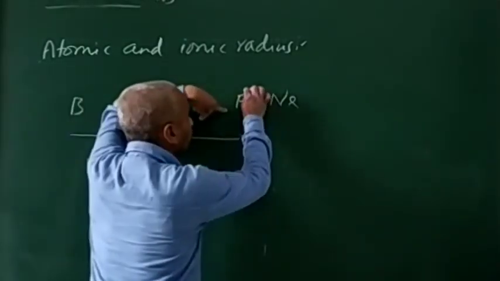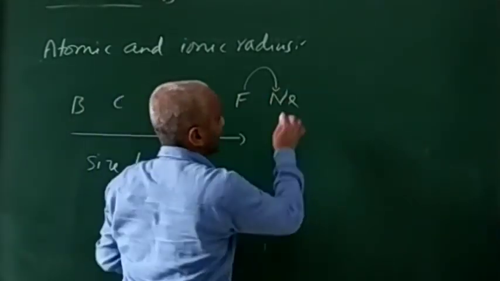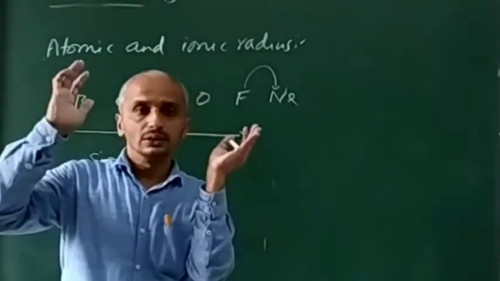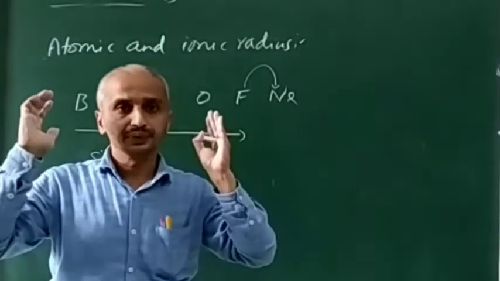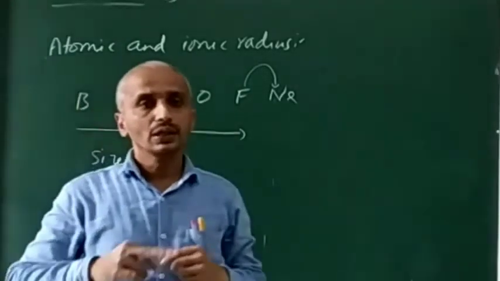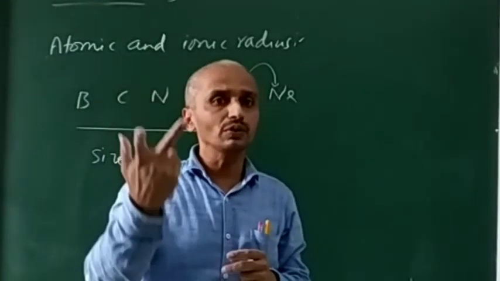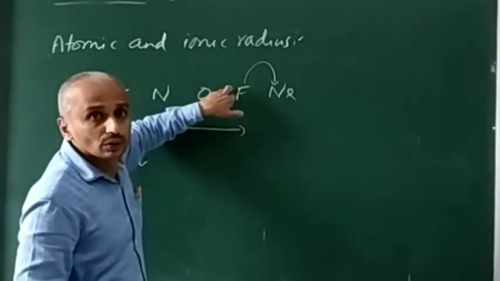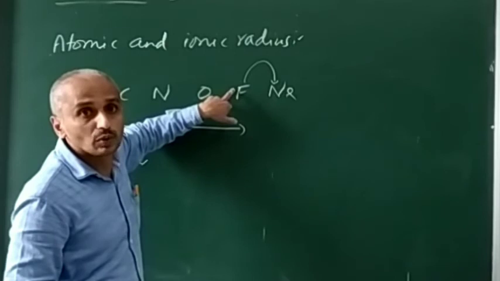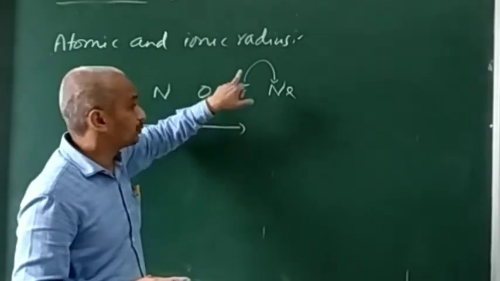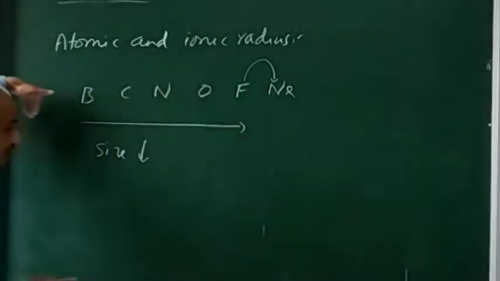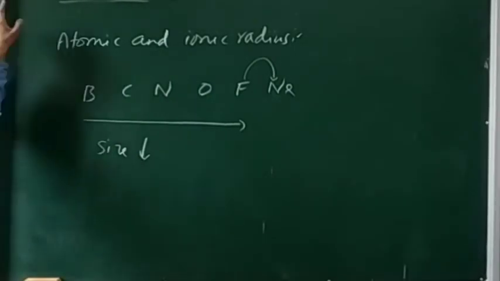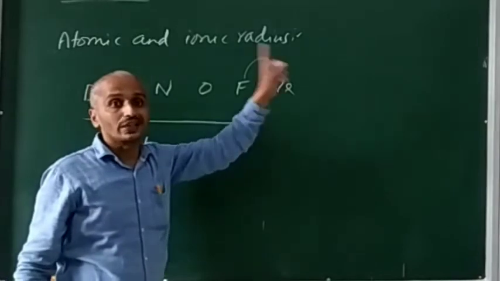And from fluorine to neon, there is an increase. Why this increase? The completely filled electron shell will be there in neon, so inter-electronic repulsion will be there. So, among the period, halogens have the smallest size. Each period, biggest for the first member, alkali metals. Not for the noble gases.